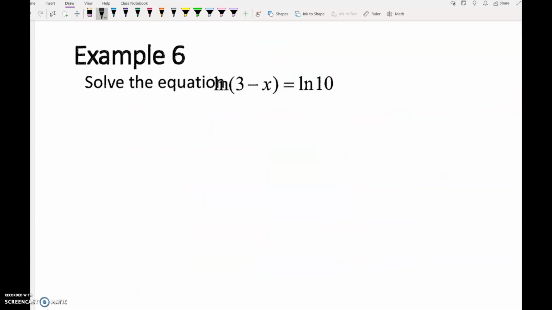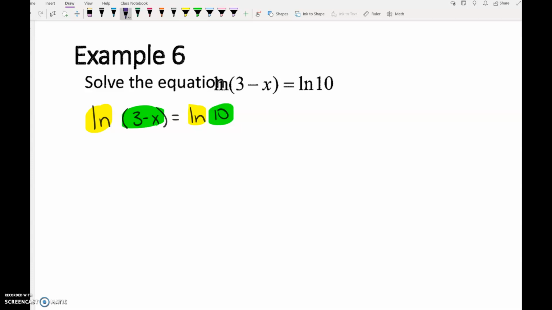This example got a little screwed up when I printed the slide, but it says that ln of 3 minus x equals ln of 10. Now, here's the cool thing. ln of stuff equals ln of stuff.